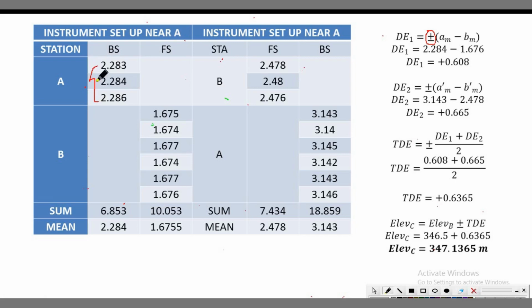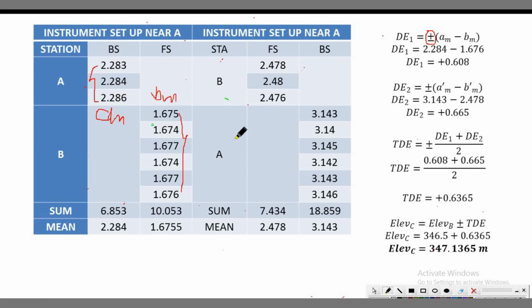So, this is our AM. BM naman, yan yung second set of readings na nakuha natin during this survey, ay itong 6 na foresights. So, this is our BM.